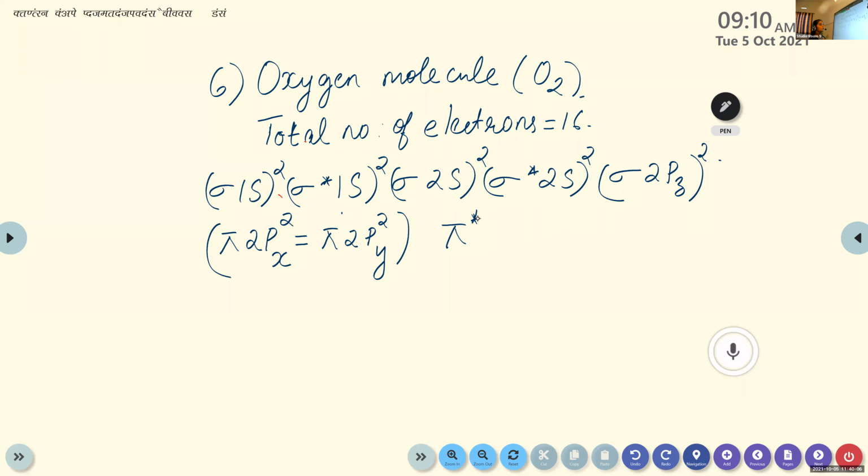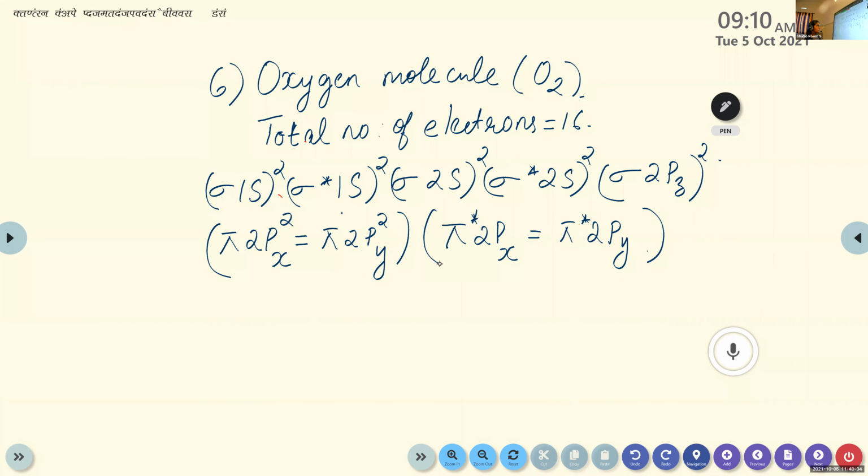All the remaining molecular orbitals follow the same order. So pi star 2px is equal to pi star 2py. What about the number of electrons in each? Only 2 electrons remaining.